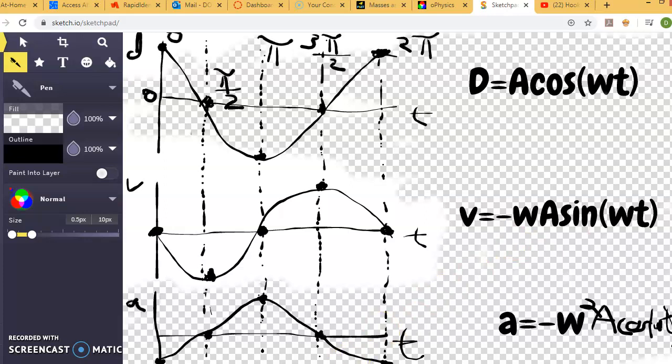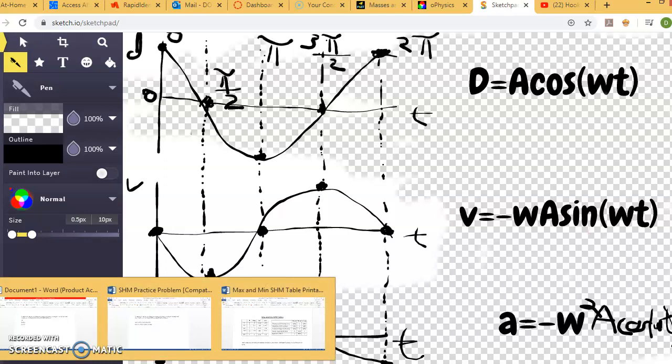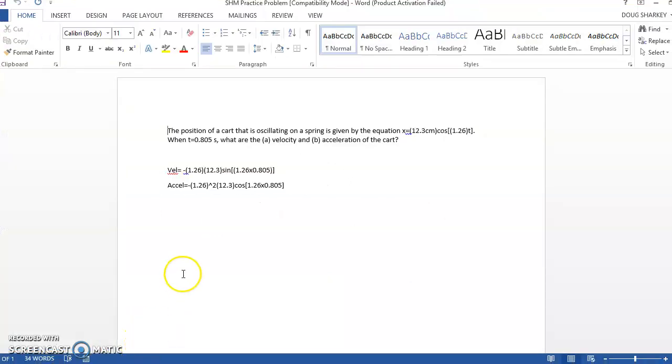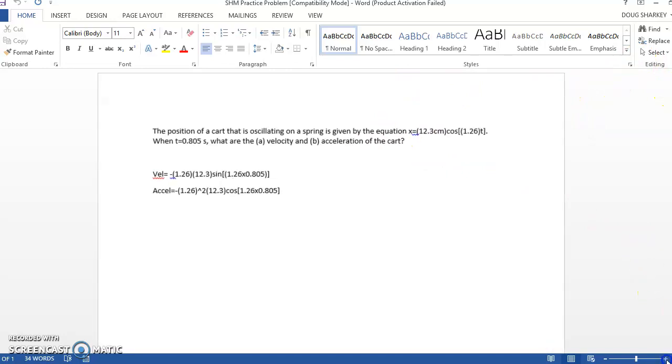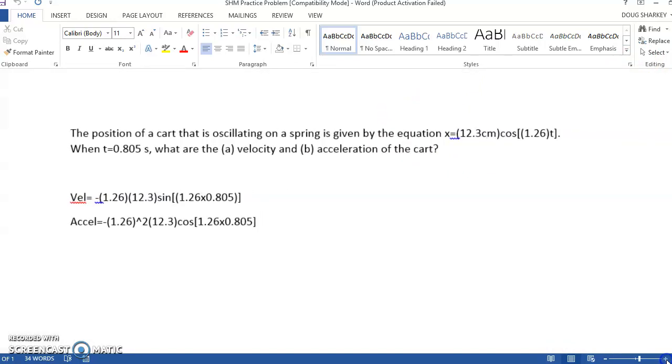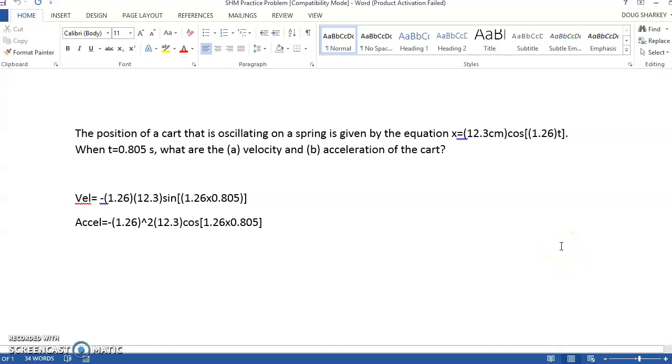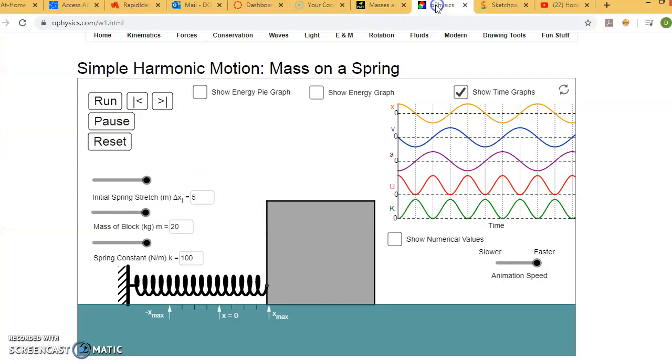Okay. For instance, I got a question here. This is an example problem I would have given in class if we were in class, right? You have a cart that is oscillating on a spring, very similar to what we were talking about. It could be our cart going back and forth on a spring.